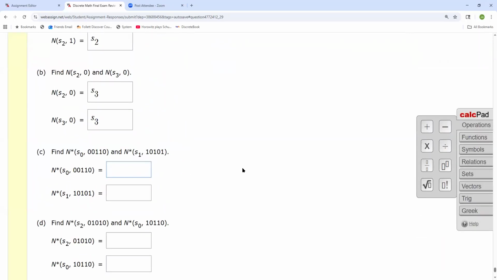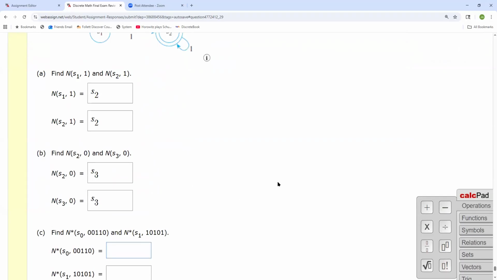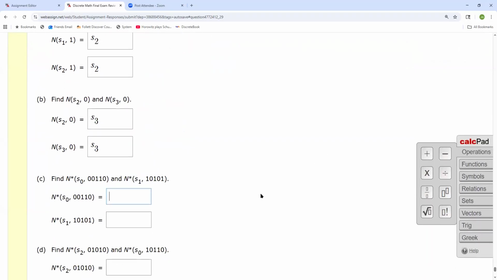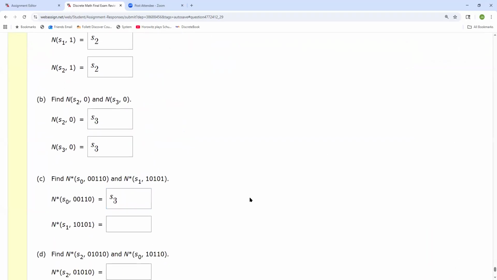Let's do it one more time. So start at this state, follow 0, then 0, then a 1, then a 1, and then a 0. You'd end up at state 3. So it's like dot to dot, actually. So state 3.